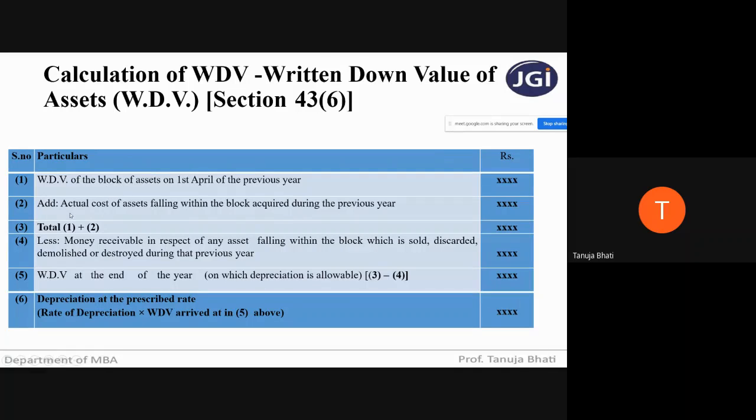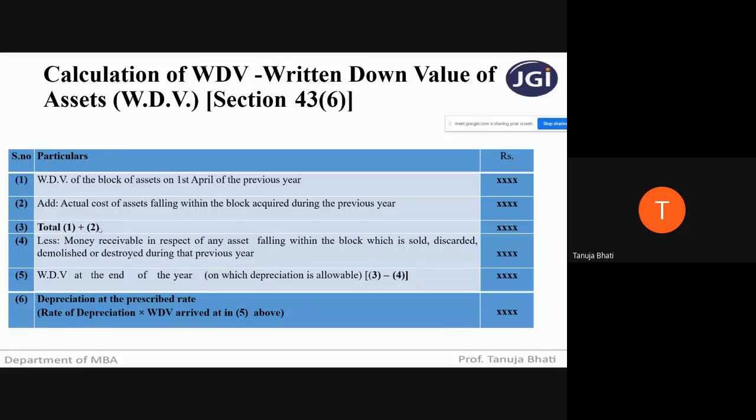And suppose you have purchased one more building during the previous year, you have to add that also to the value of the asset. Because initially I told you all that in income tax, the assets eligible for depreciation are based on the block of assets, or categories or classes of assets, which fall under the same category. So once you add both, you will get the total value of the block of the assets.